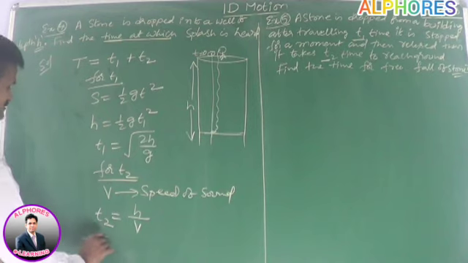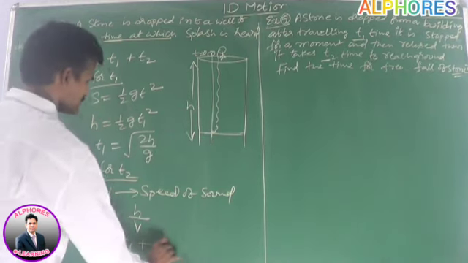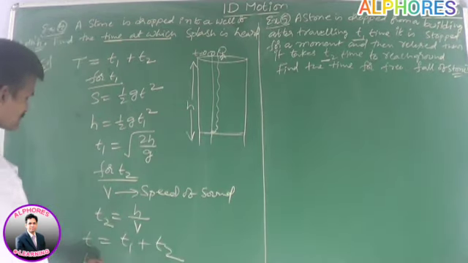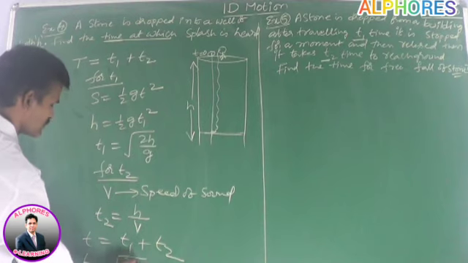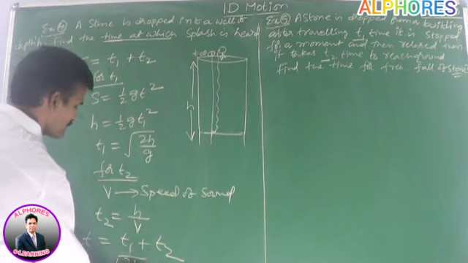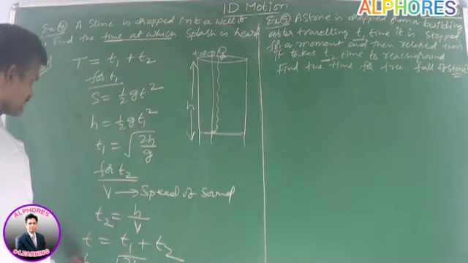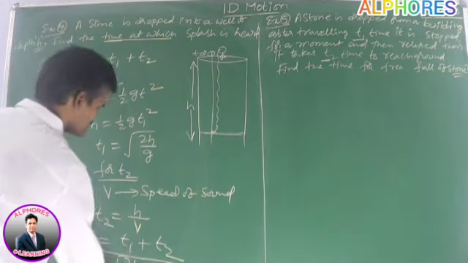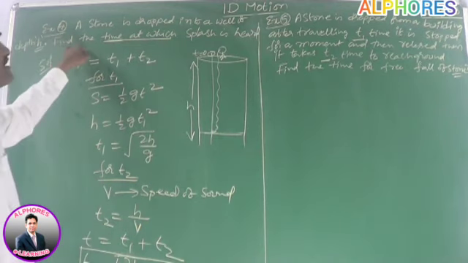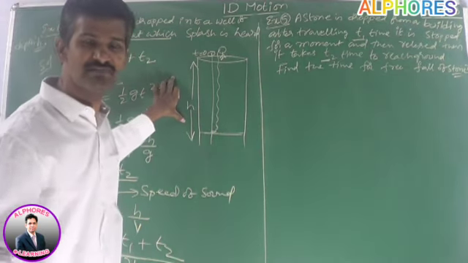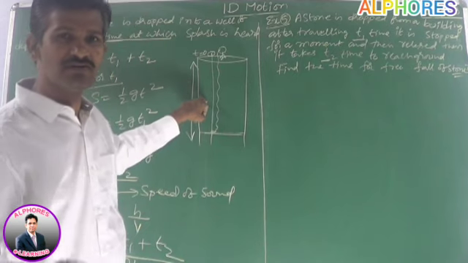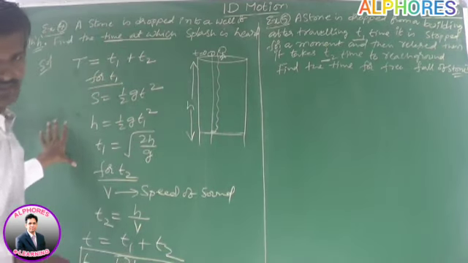So t is t1 plus t2. So our t is square root of 2h by g plus t2, which is h by v. Students, the question may change. Someone may ask the depth of the well, someone may ask the speed of the sound. But this is the basic concept.